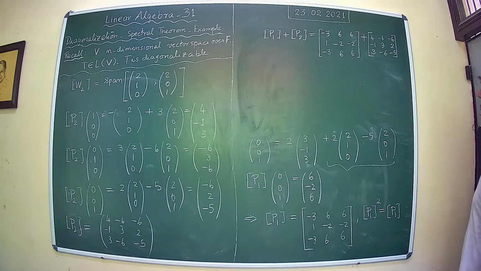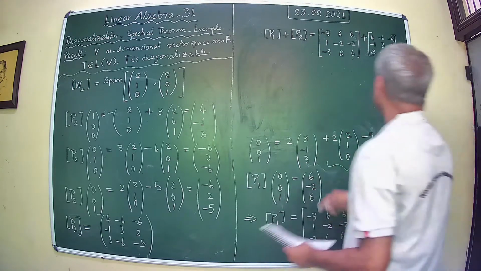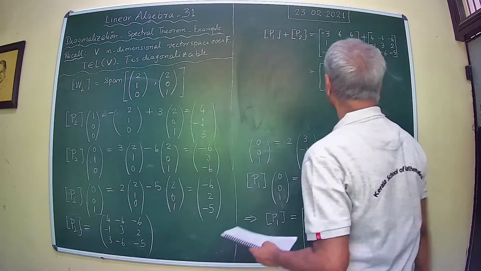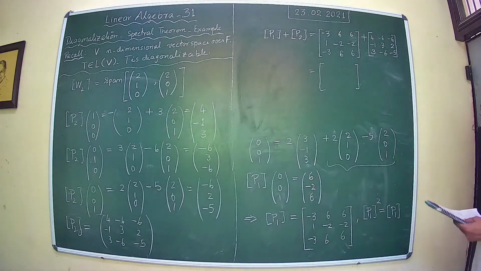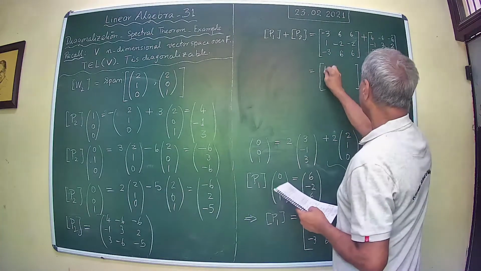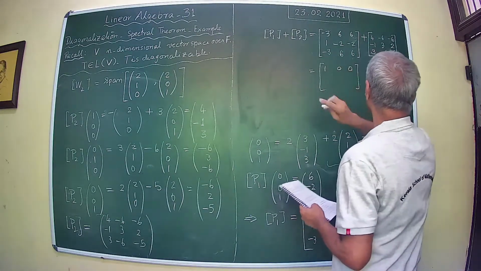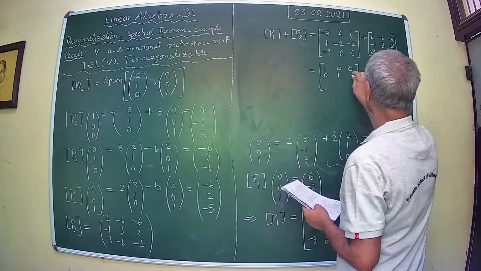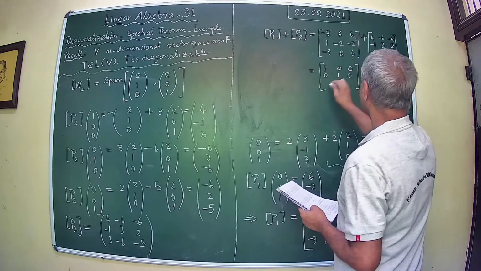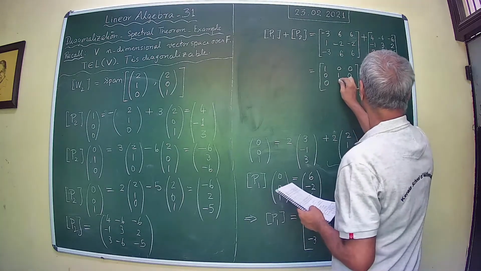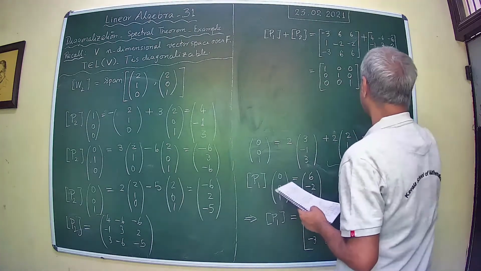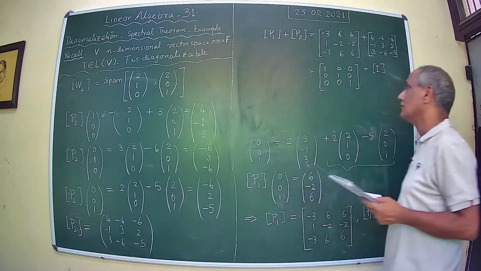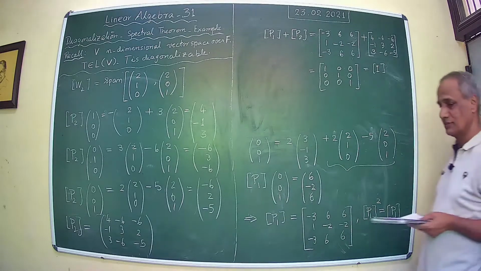So you just add up. If you add up, what do you get? This will turn out to be simply 1, 0, 0, 0, 1, 0, 0, 0, 1, which is the identity matrix. This is the identity matrix.